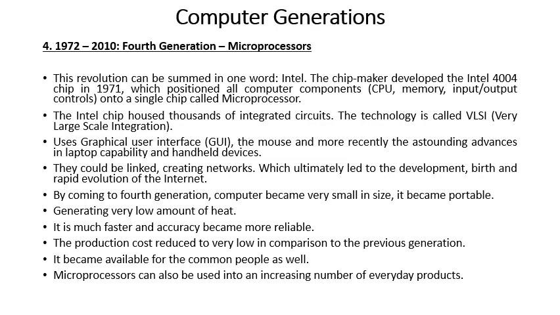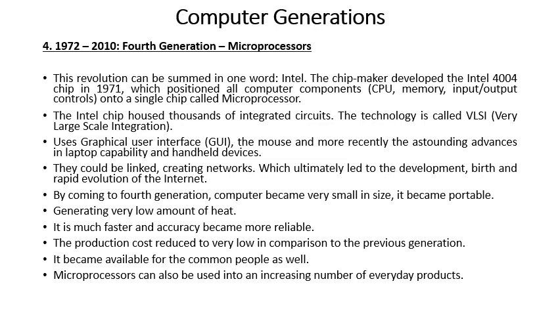We can transfer a computer from one place to another easily, which is why they are called portable devices. They generate very little heat, and they are much faster and much more accurate compared to other generations.